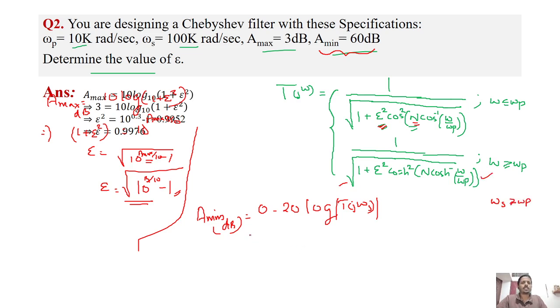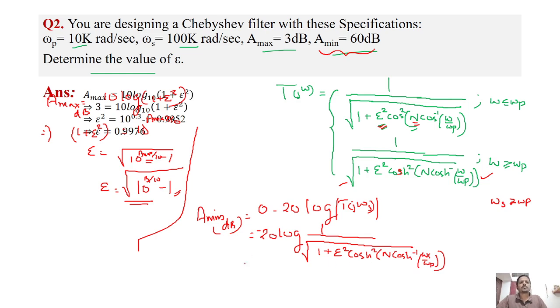So if I substitute that here, I'll get minus 20 log of 1 by root of 1 plus epsilon square cosh square of cosh inverse of omega s by omega p.